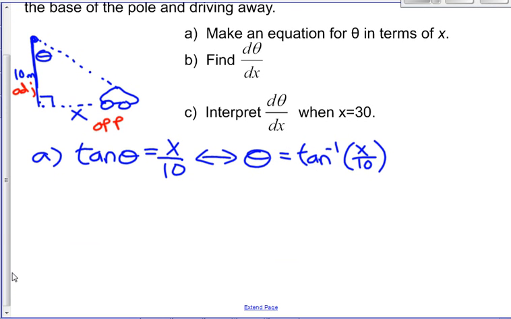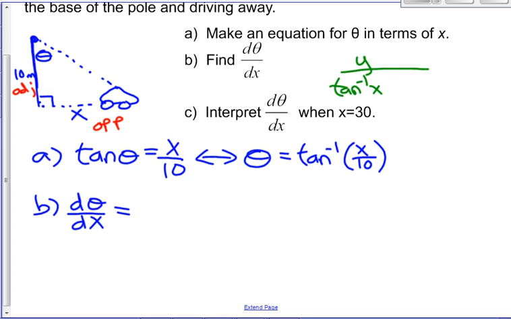Now we're going to differentiate it. d theta by dx. So differentiate. We have the rule for inverse tan. If y equals inverse tan of x, then y prime is 1 over 1 plus x squared.